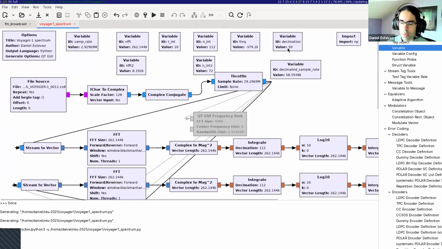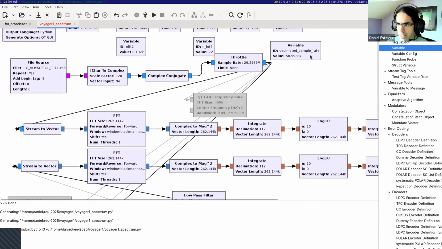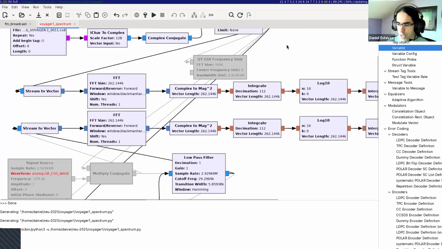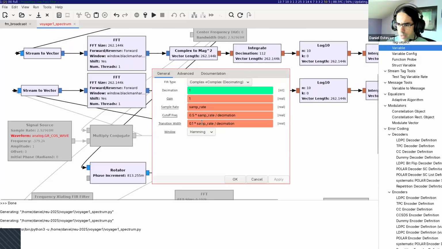I was looking for a number which is large, but not so large that this becomes too narrow and narrower than the Voyager 1 signal. So basically this is something slightly wider than the Voyager 1 signal. Then why do I want to set the cutoff frequency at this value, which is 0.5 of the new sample rate after decimation?